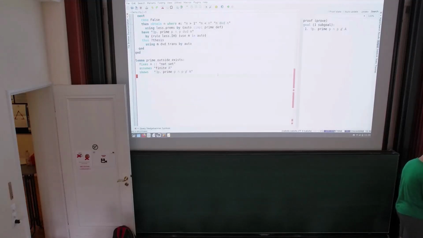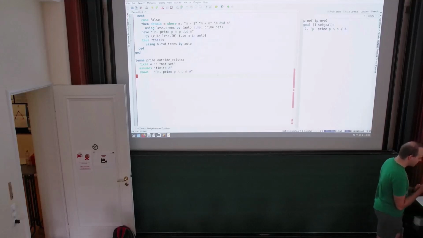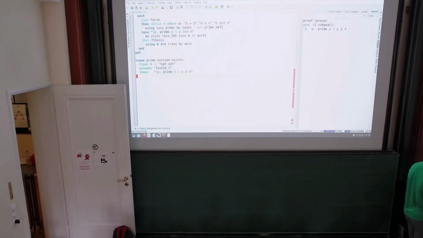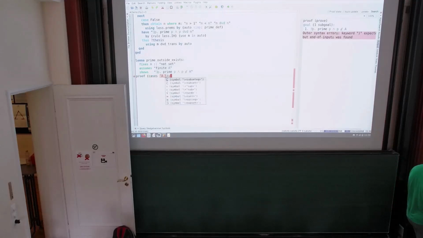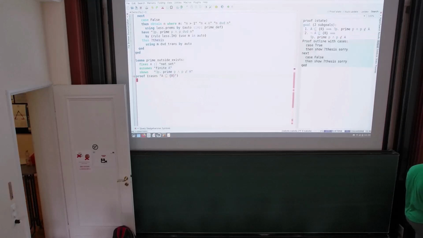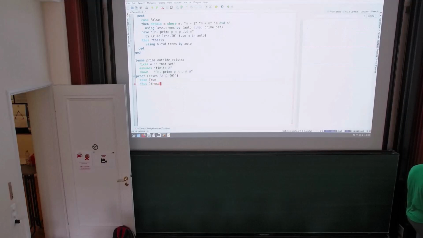So now I want to show that whenever I have some finite set of numbers, then there is a prime number that isn't in that set. The way I do this is a case distinction first, whether this set contains only 0 or something more than 0. When it contains only 0, then it's pretty easy, because we can just use the fact that 2 is a prime number, and that should already do it.